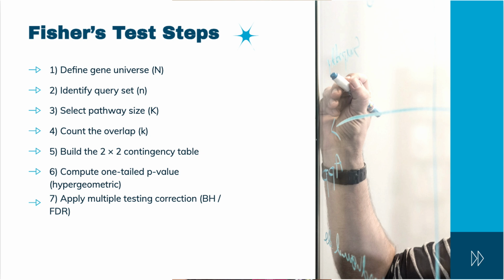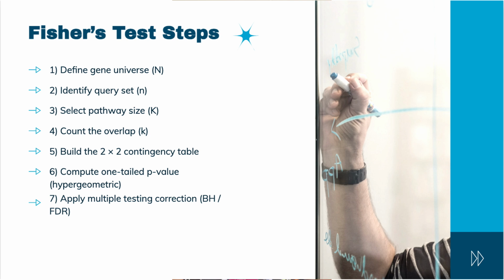So the background is the capital N, and the gene list is the small n. Now, for each pathway, the size of the pathway will be denoted with the capital K, and the overlap between the pathway and the gene list will be denoted by the small letter k.